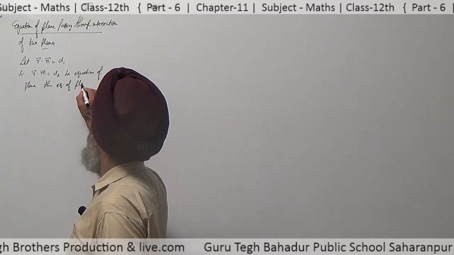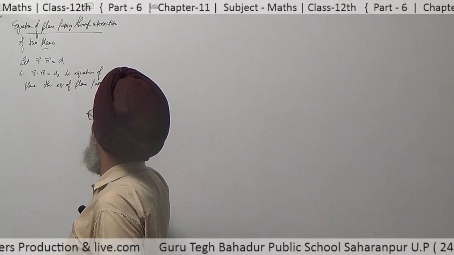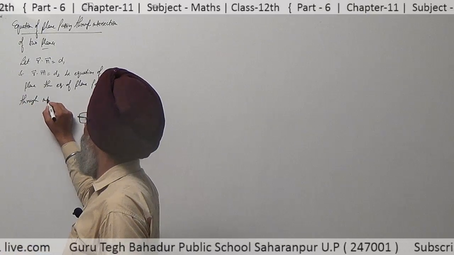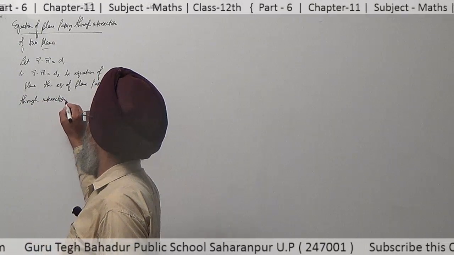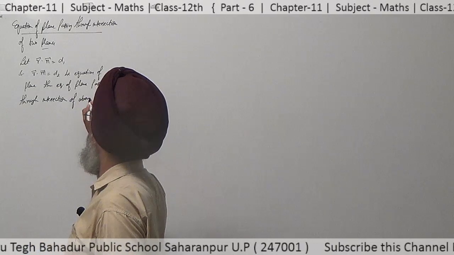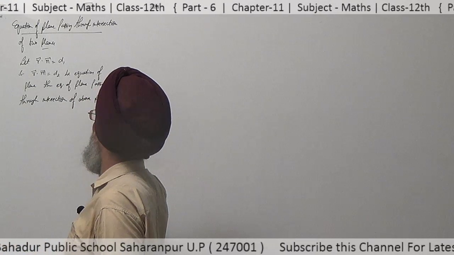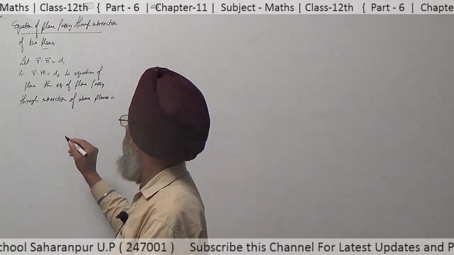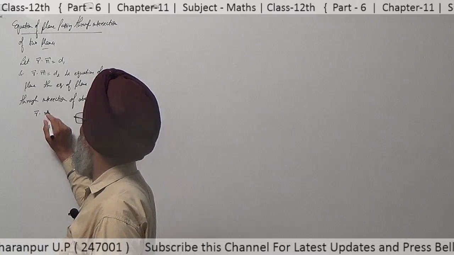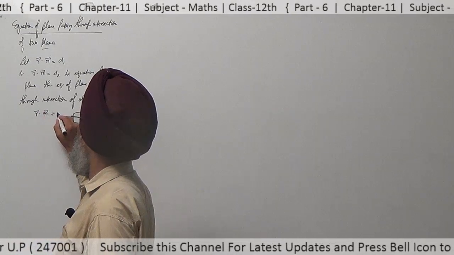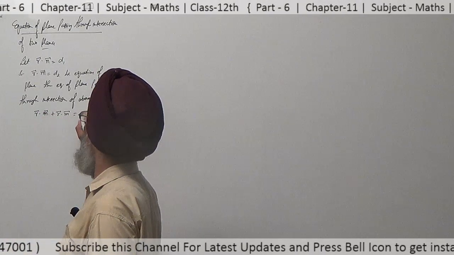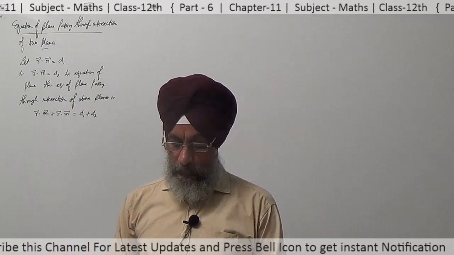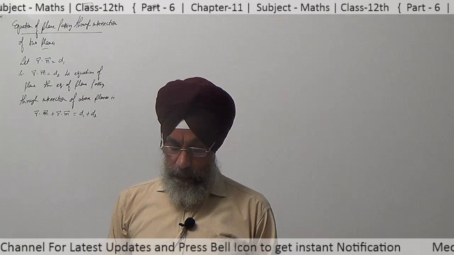Then the equation of the plane passing through the intersection of the above planes is simply given by r dot n plus r dot m is equal to d1 plus d2, or you can take lambda times of d2.